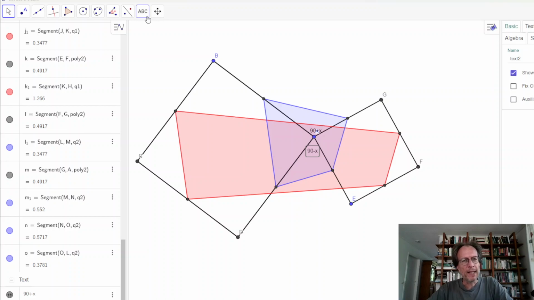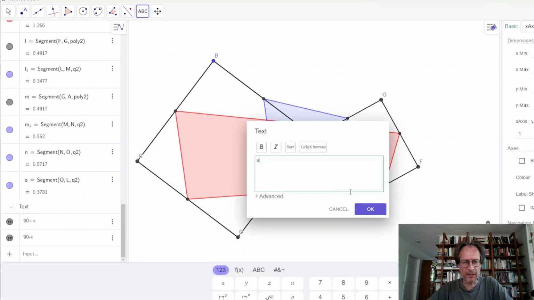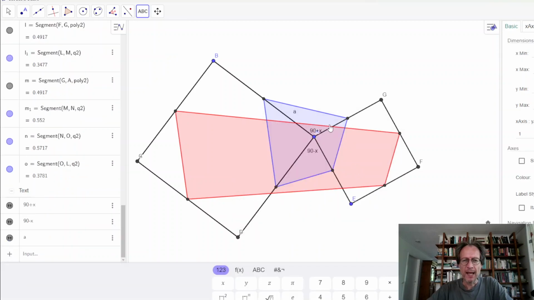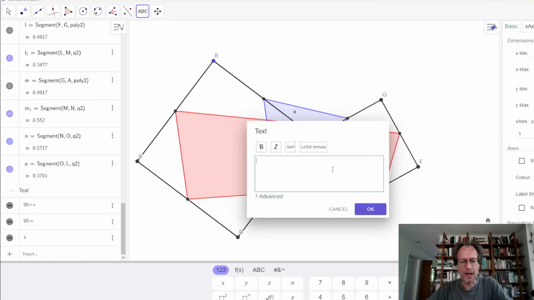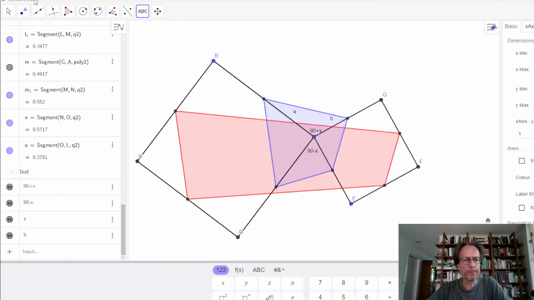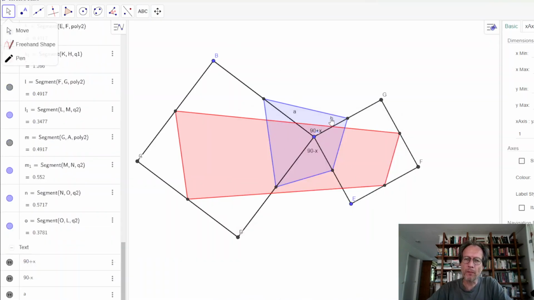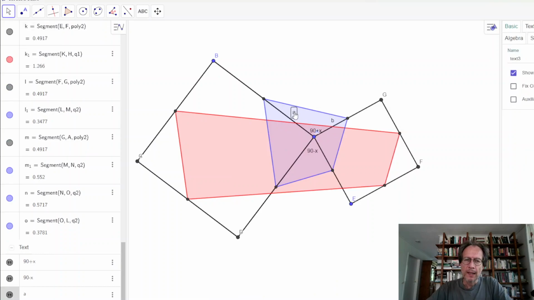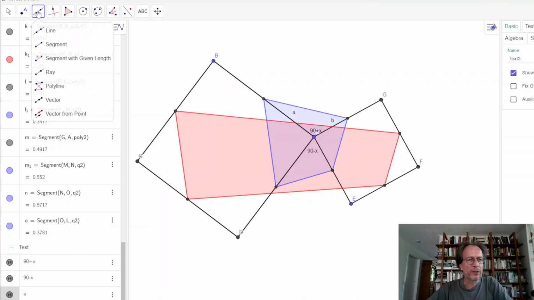If half of this square's side length is a, and we say that this half side length is b, we have now covered the blue quadrilateral.